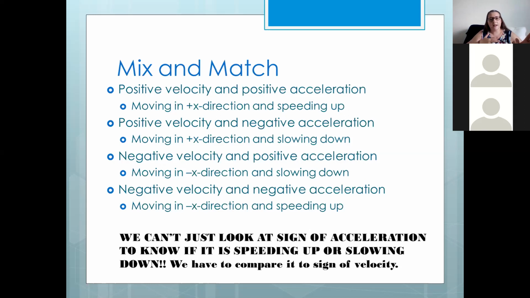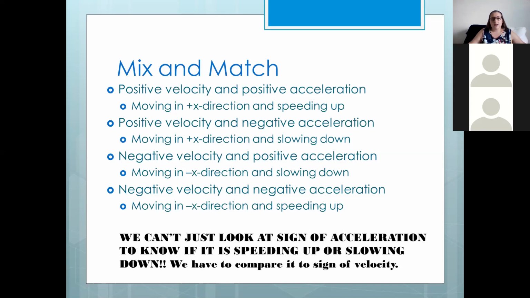So moving in the negative x direction and slowing down means you have a negative velocity but a positive acceleration. And if you have a negative velocity and a negative acceleration, then you're moving in the negative x direction, and you're speeding up, right? Because that negative acceleration is kind of boosting you even more towards the negative side. So we can't just look at the sign of acceleration to know if it's speeding up or slowing down, right?